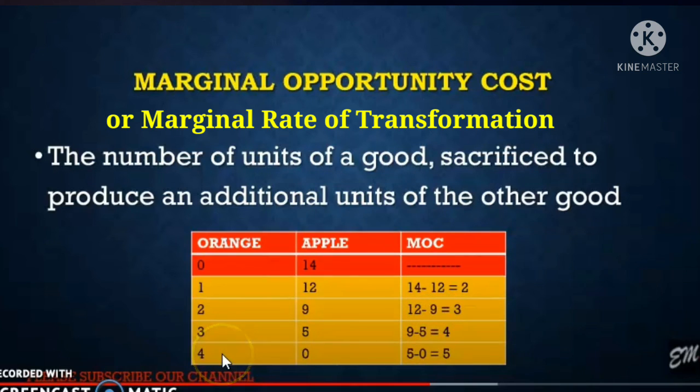Here we produce 4 units of oranges and 0 units of apples. So how much is sacrificed? That's 5. This is known as the next best alternative that we are choosing. The amount we are sacrificing is known as marginal opportunity cost. So here we can say that it is increasing.